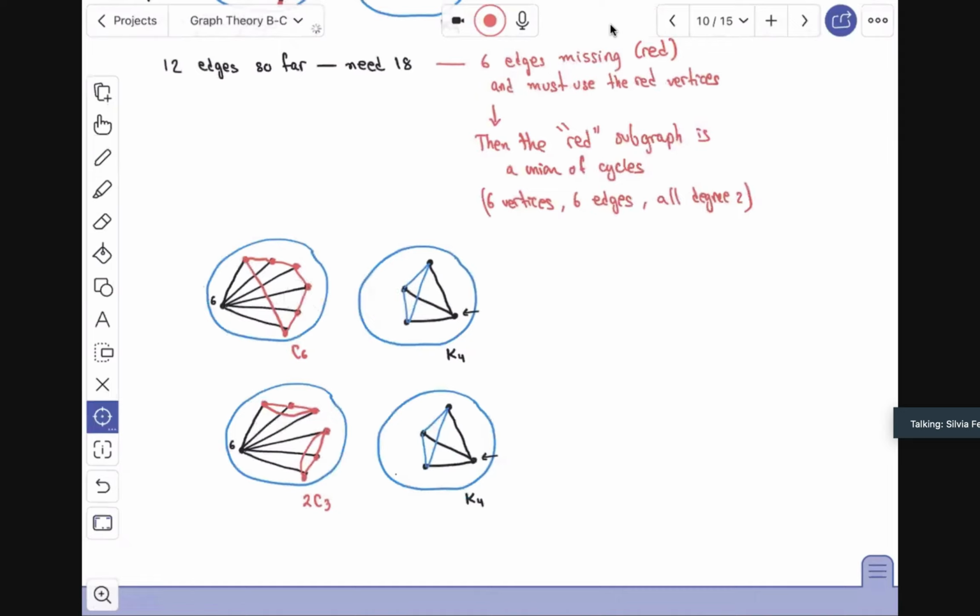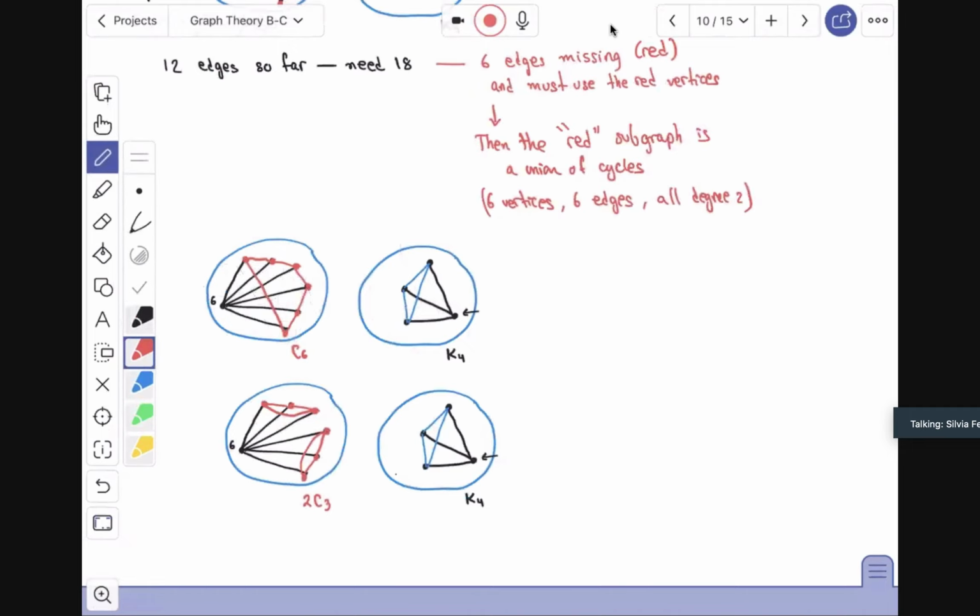So these 2 vertices are in different connected components. However, any 2 vertices from this side can be connected by a path, and I can also do that here. So this is a connected component because it's connected and it's part of a larger graph. The graph itself is disconnected because I cannot go from this vertex to that vertex.